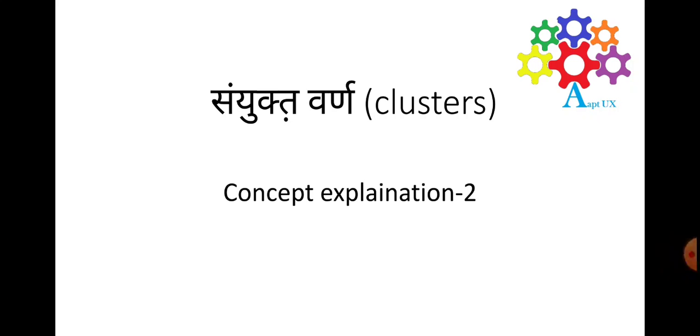It is written in a special way. And I told you that we will cover that in our next video. So in this video, we are going to discuss types of R, which will include Sanyukta Varna with R. Right? So let's begin.